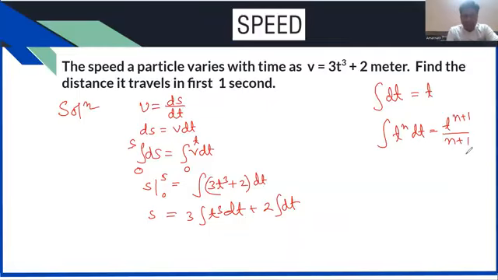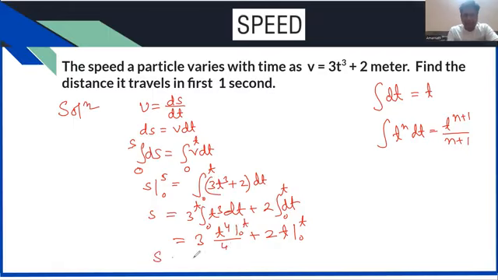So in that context, it will be t to the power 3 plus 1, means 4, divided by 3 plus 1, means 4, plus 2 dt only, okay? And remember, I have to put the limit also, 0 to t.